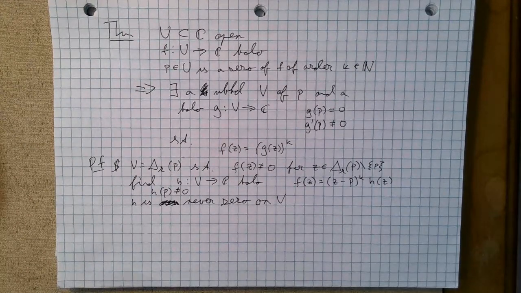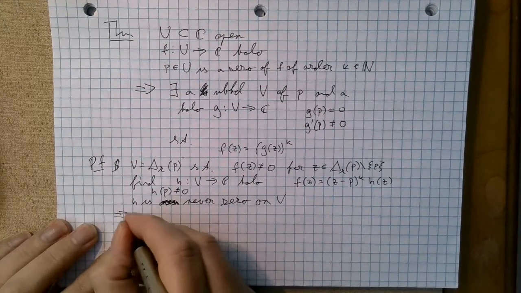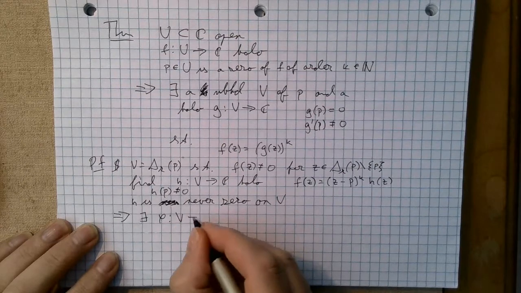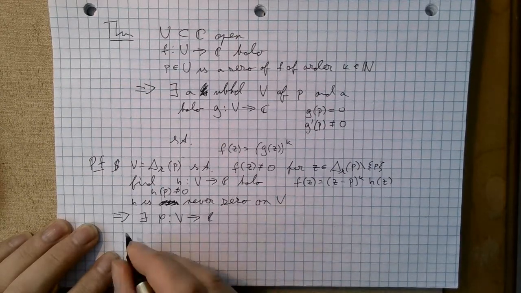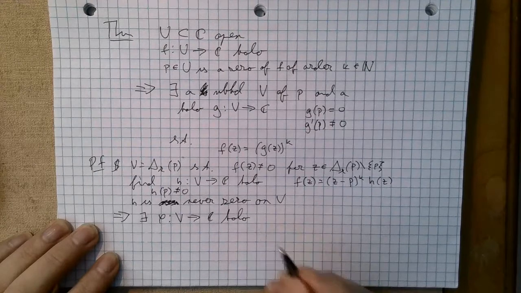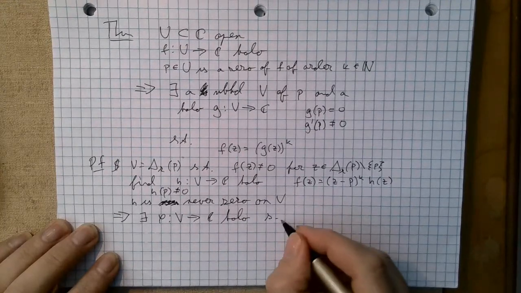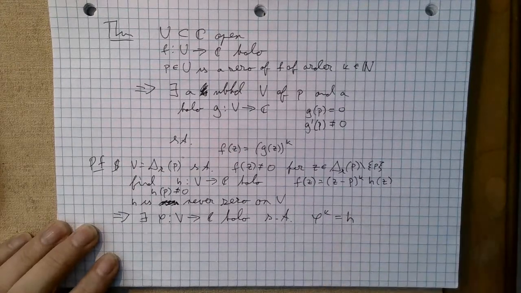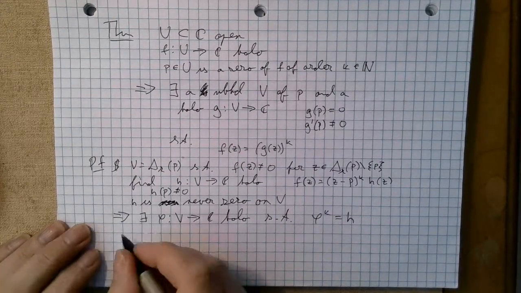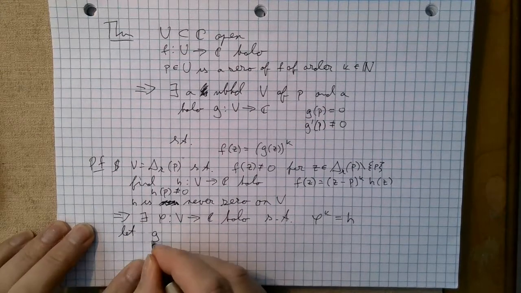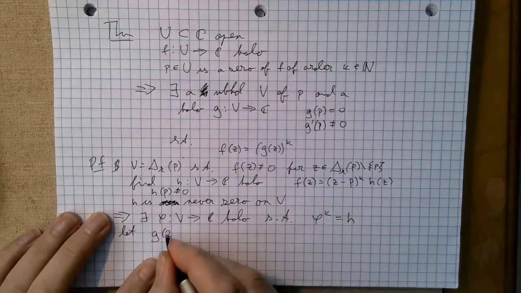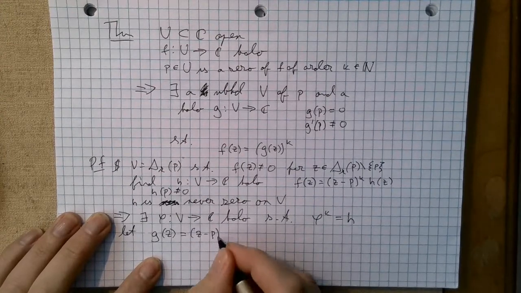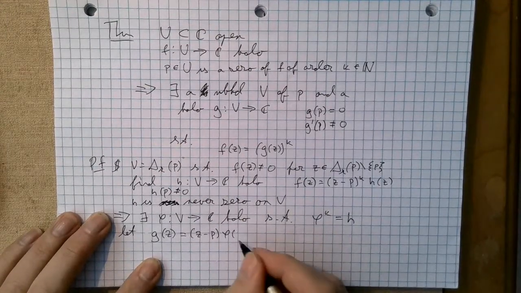So we can find, there exists a phi, of course, holomorphic on V, such that phi to the k is h, right? So let's define g at z to be (z minus p) times phi, without the k, right?